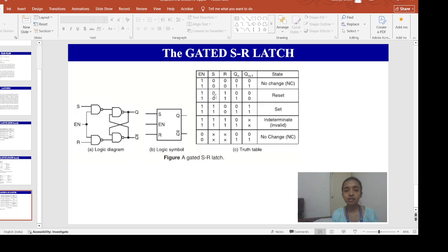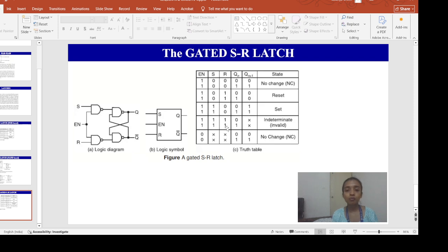When S is 0 and R is 1, the next state will follow the S regardless of the present state. When S is 1 and R is 0, Qn plus 1, the next state, will follow the state of the S regardless of the present input.